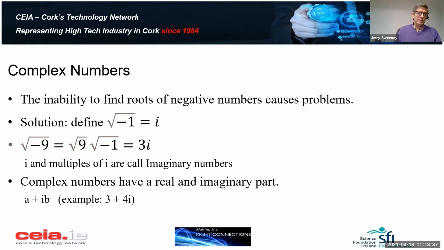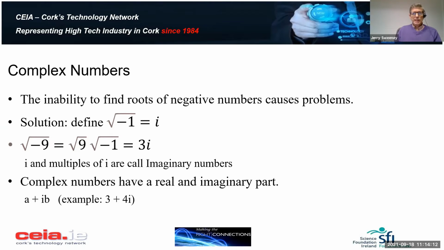So for example, for the square root of -9, you will remember from logs and indices, we can separate that out into the square root of 9 multiplied by the square root of -1, and the square root of 9 is 3. Therefore, we can represent the square root of -9 by 3 times i. You only need the square root of -1 in order to be able to represent all imaginary numbers as a real number multiplied by i.